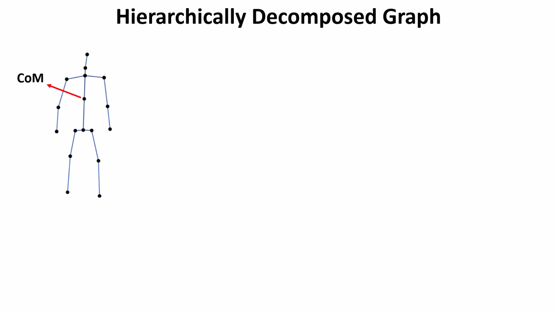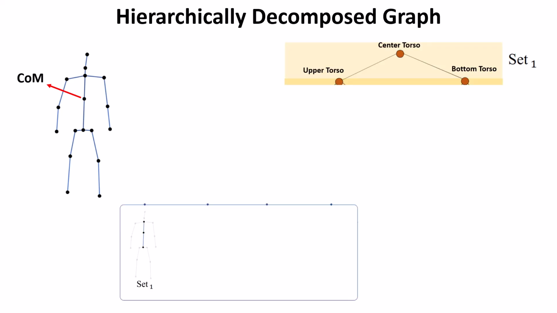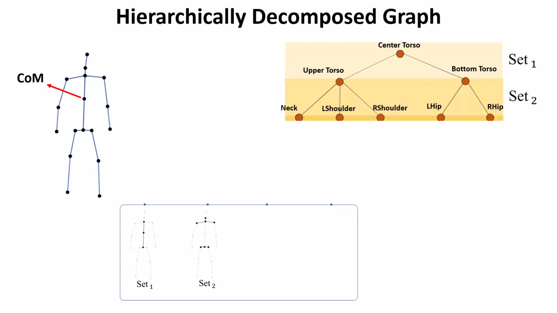The way that we construct the tree is that we say center torso is our root, and since it is connected to only 2 edges, we say it has 2 children, which are upper torso and bottom torso. And this could be our first edge set. For the second edge set, we further expand it and say upper torso is connected to neck, left shoulder and right shoulder, and bottom torso is connected to left hip and right hip.